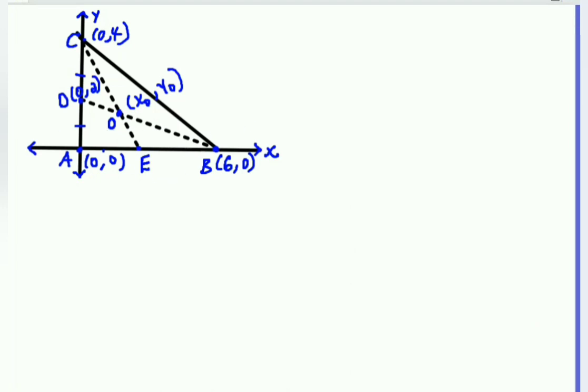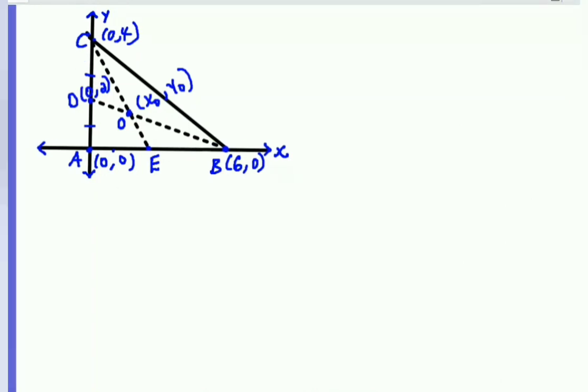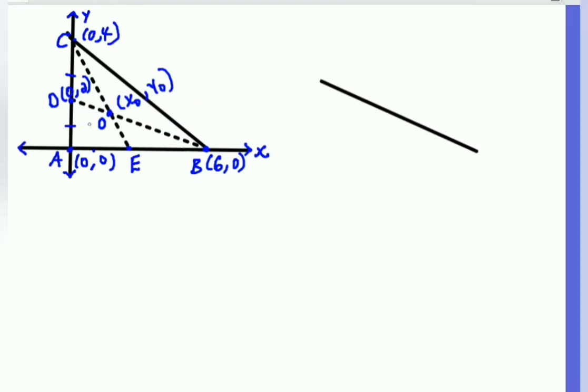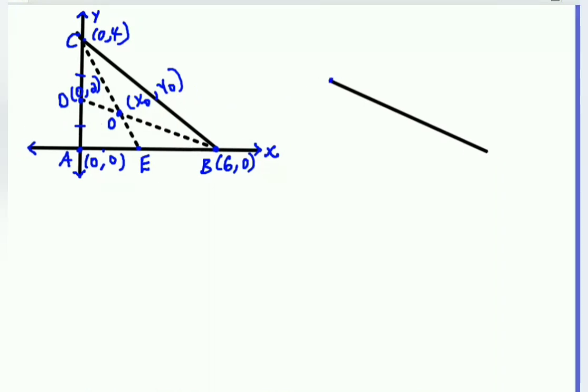So take the segment BD separately. When we take the segment BD separately, we will have a certain line segment with endpoint (0, 2). The other endpoint is (6, 0).